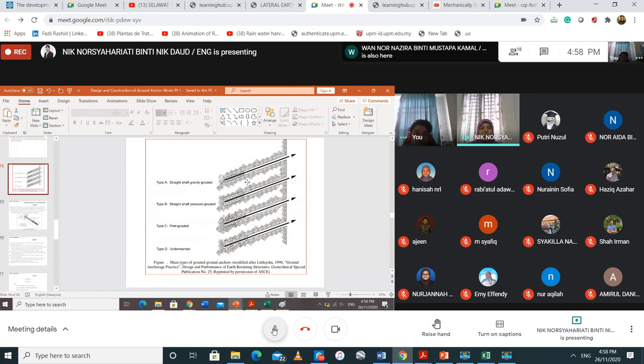Sometimes tengok kat tengah-tengah ni pun dah ada macam lompang-lompang apa semua. So tak apa, you boleh refer to this reference ni, ground anchorage practice. Then look in details about it.